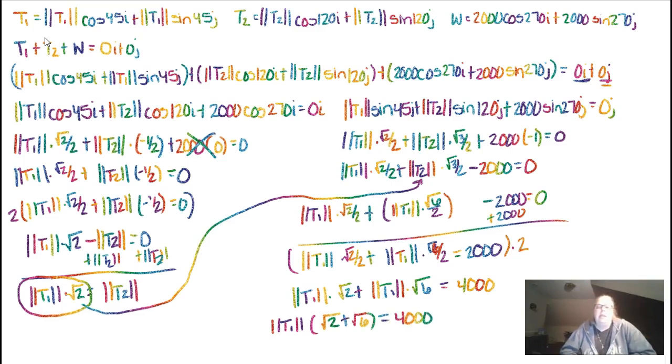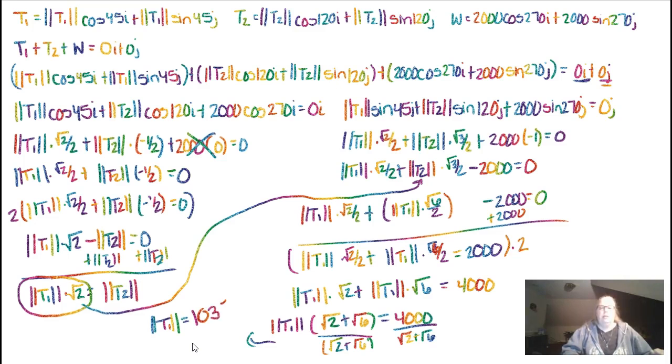And now I can see that to solve for T1, all I have to do is divide by those parentheses there. All right, and that's going to give me the magnitude of T1. And since we're rounding to the nearest whole number, this gives me 1,035 pounds. All right, so there's T1.